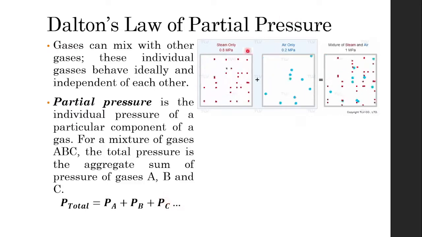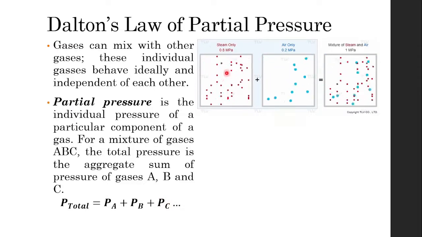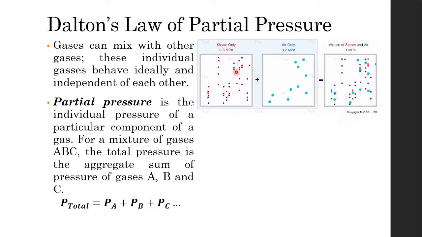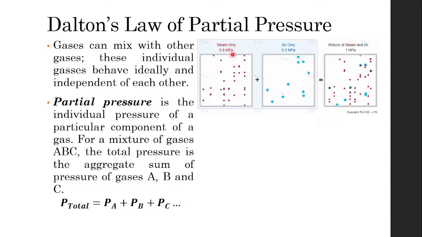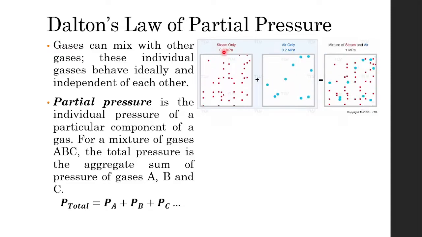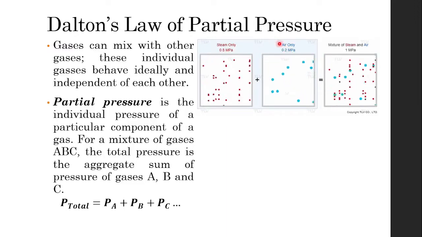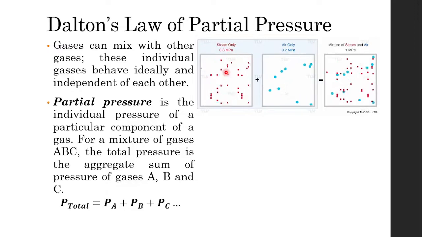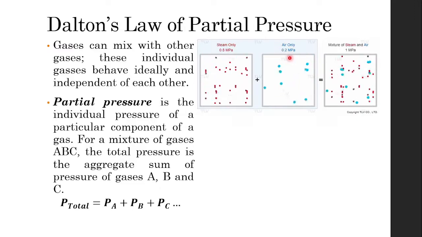So if we have something like this, you have this picture right here, and you can think of these as gases. These red dots are gas molecules which have a partial pressure of 0.8 megapascals. And then you have another type of gas here, which is steam. And these blue particles are a mixture of 0.2 megapascals of air.